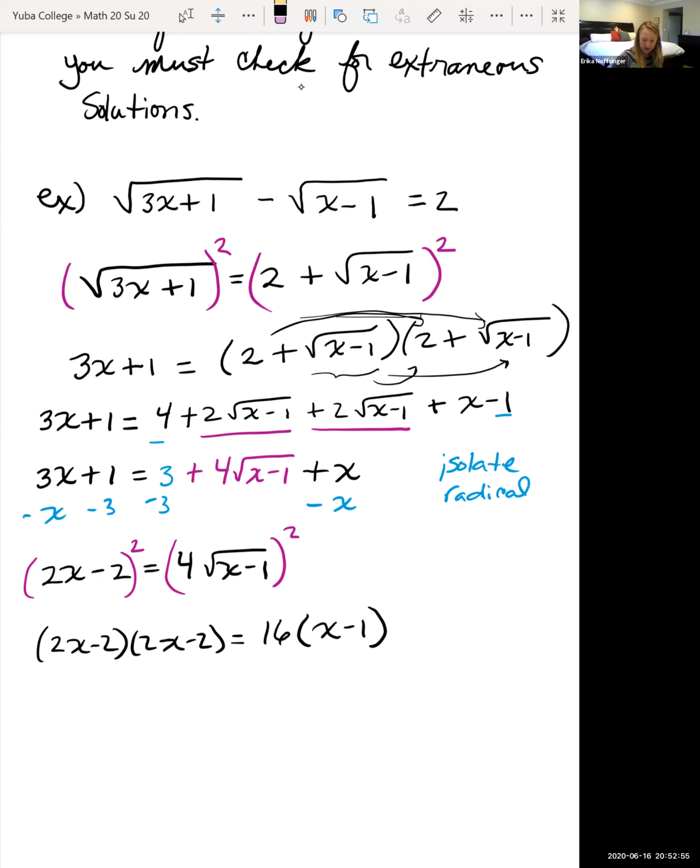Distribute and combine like terms. So 2x times 2x, 4x squared. 2x times negative 2, minus 4x. Negative 2 times 2x, minus 4x. Negative 2 times negative 2 is plus 4 equals, distribute the 16, 16x minus 16.